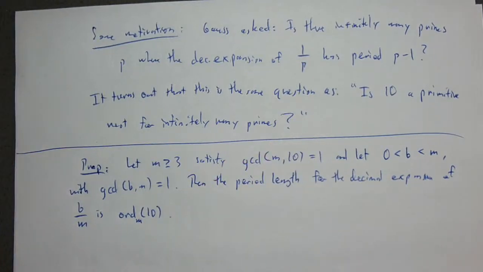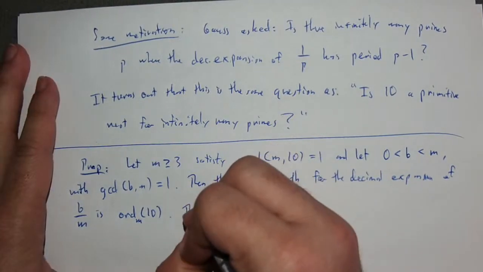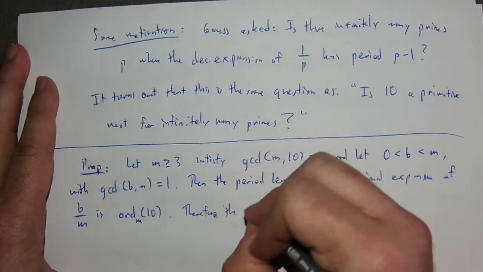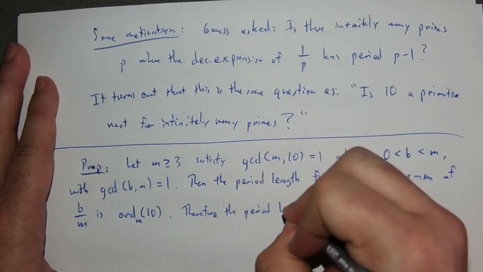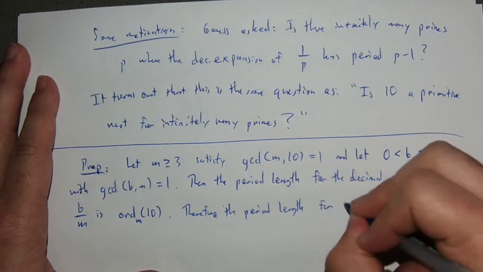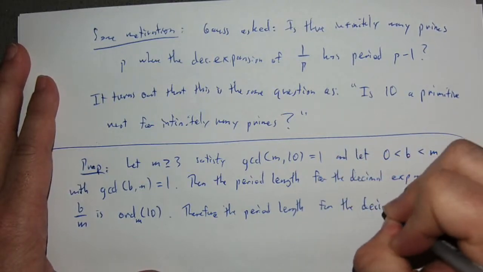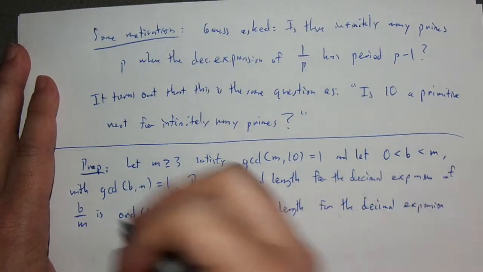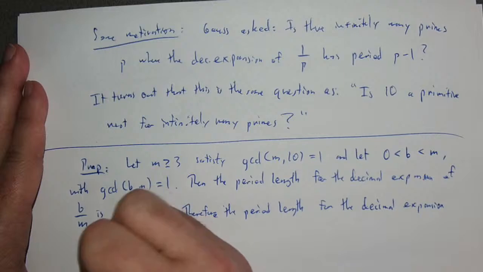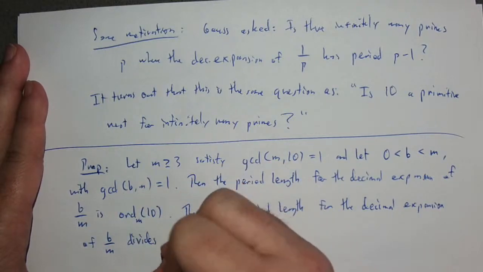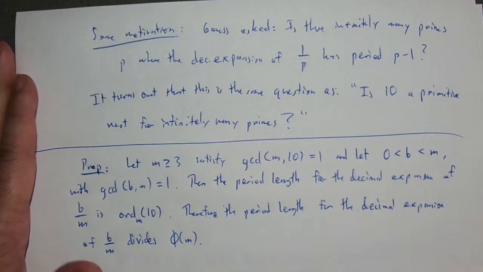Okay. Therefore, the period length for the decimal expansion of b over m divides phi of m.